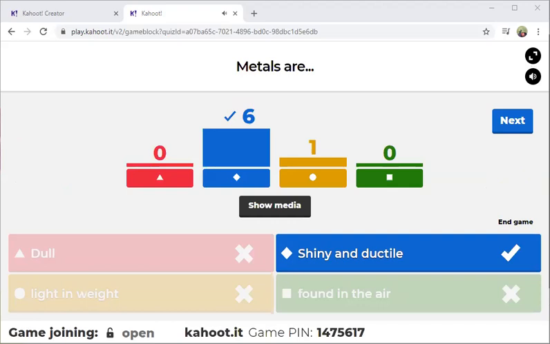So remember guys, ne, on your second device or on your other tab, you either press the triangle, the circle, the diamond, or the square, the one which corresponds with the correct answer. And those who answered, 6 of you got it correct and you said it is shiny and ductile, and 1 got it wrong. So remember, metals are shiny and ductile.